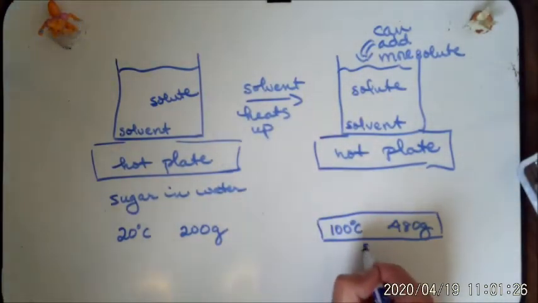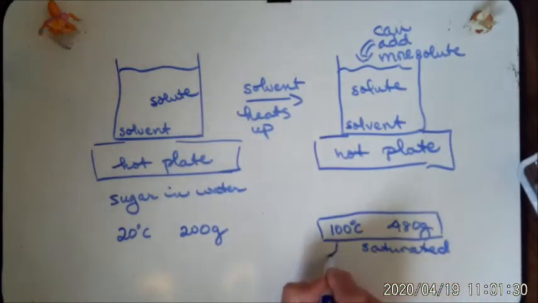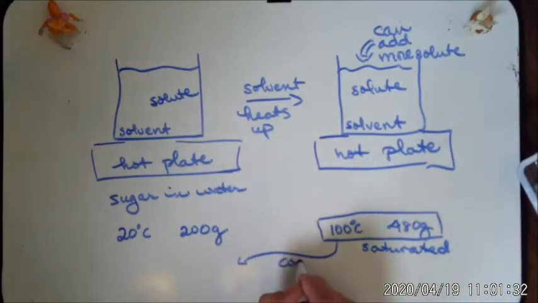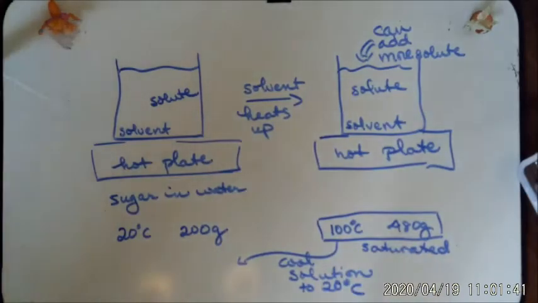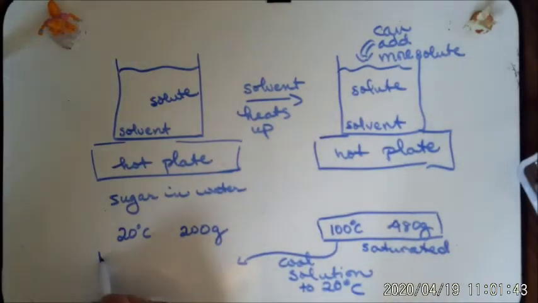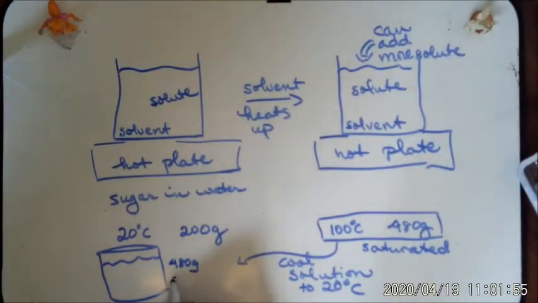That's saturated. And then I cool my solution to 20 degrees. Okay? When you do that, if you're careful about not bumping it, you will have a solution that has 480 grams of sugar at 20 degrees.